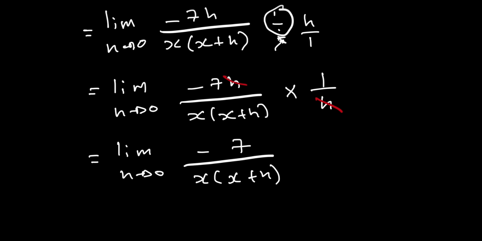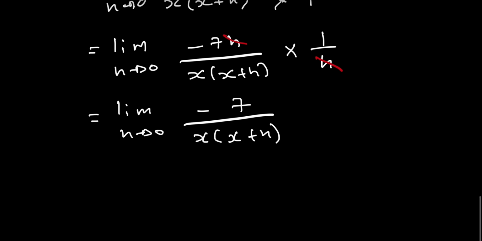Okay, so now if we look at this, we can clearly see now if we substitute the value of h as 0, we are not going to get undefined. So this will therefore mean we have to substitute the limit. So when we substitute the limit, we now have to write to say now the first derivative, it is now becoming, you don't have to write the limit because you substitute it.